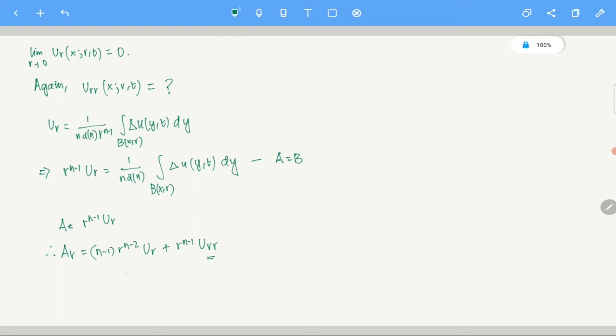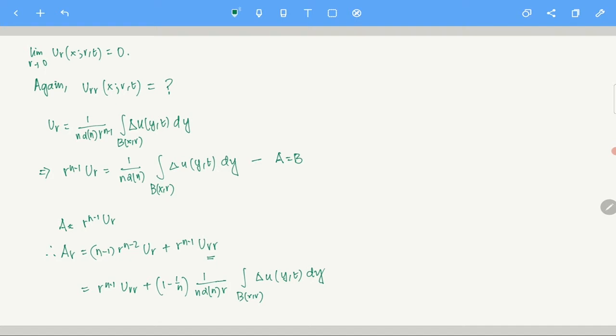So let me write down what u_r is. Specifically everything will be written down properly. r to the power n minus 1 u_rr plus (1 minus 1 by n) times, if you just break it up, 1 by n alpha n r, integral over B(x,r) of Laplacian of u(y,t) dy.